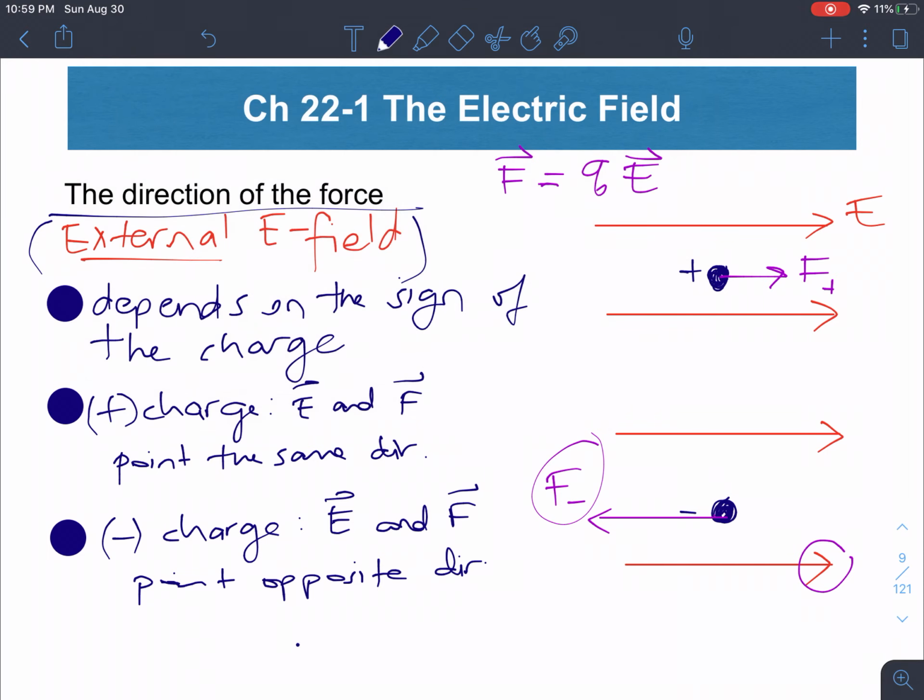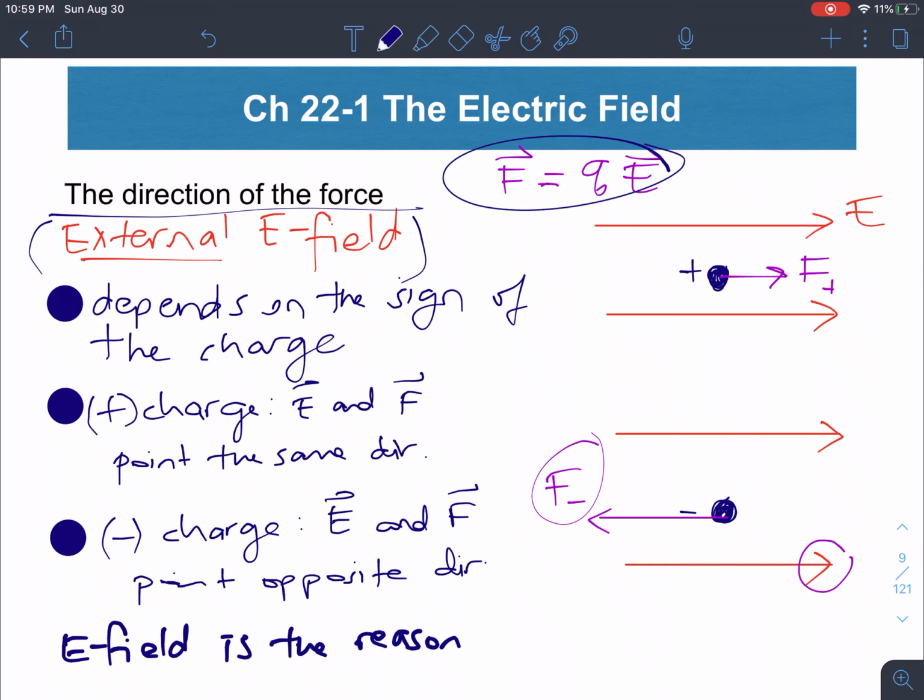And one last thing: the E field is the reason why we have electrostatic force. That's what we are understanding from these relations, and from this picture too.